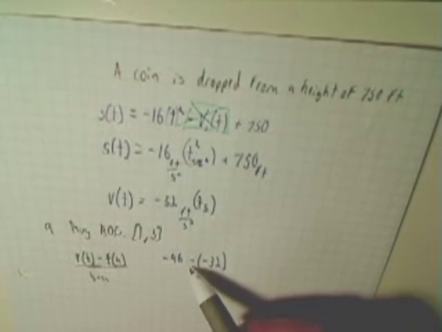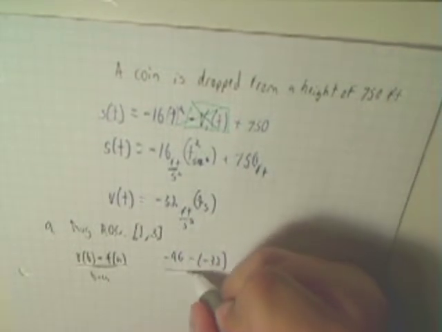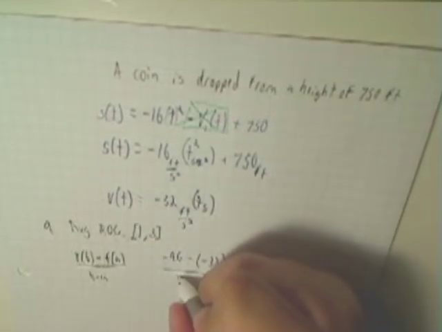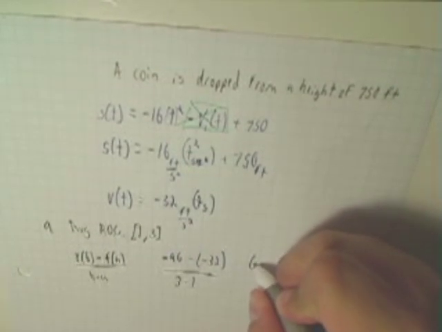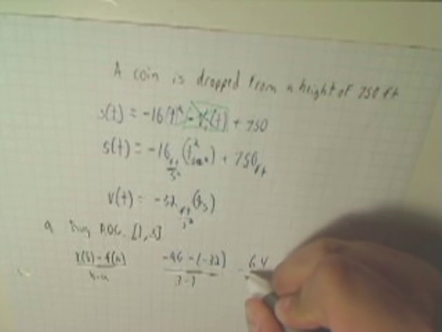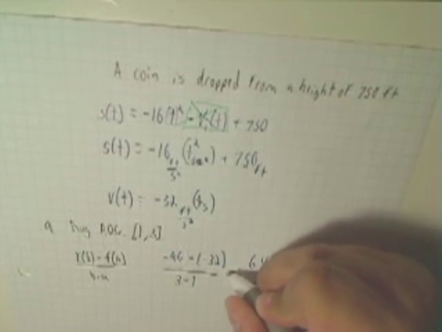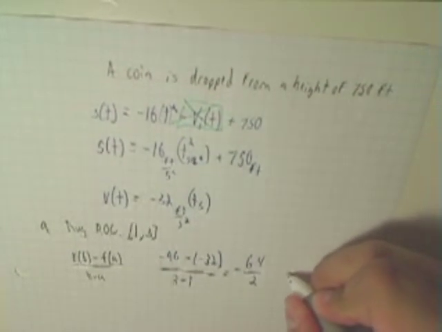So f of b minus f of a all over b minus a is all equal to negative 64 over 2, which is negative 32.